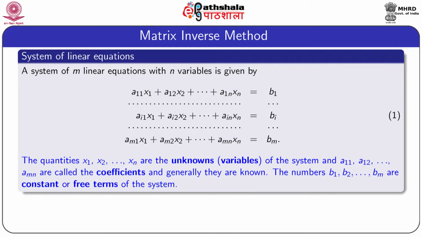The quantities x1, x2, up to xn are called the variables or unknowns of the system, and a11, a12 up to amn are called the coefficients of the system, which are generally known quantities. The numbers b1, b2, up to bm, present on the right hand side of the equations, are generally constant or free terms, called the right hand constants.